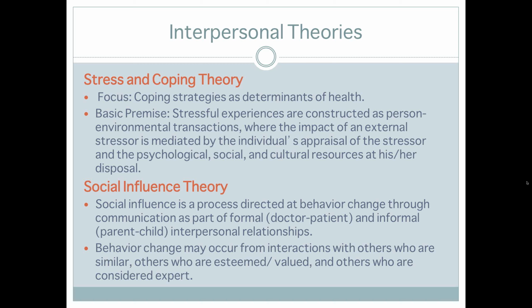So you're using theory to fit what you see as the pattern of determinants for a particular health problem, and there's not one theory that's better than another. It's a fit issue of what theories best fit the pattern of determinants that you see.